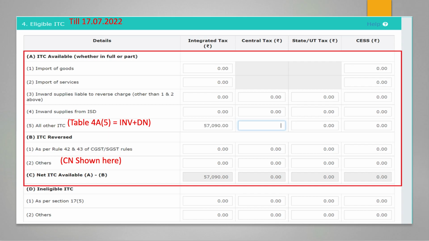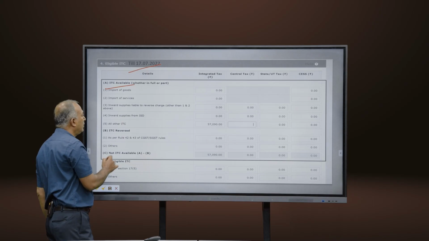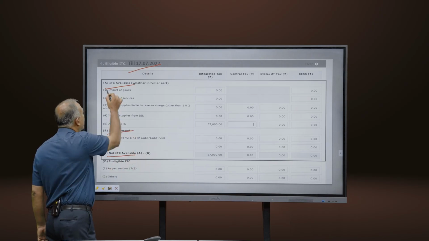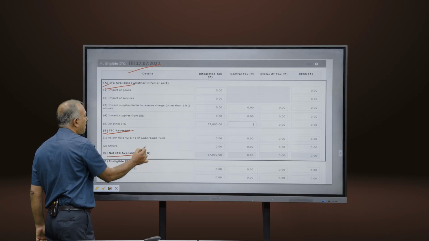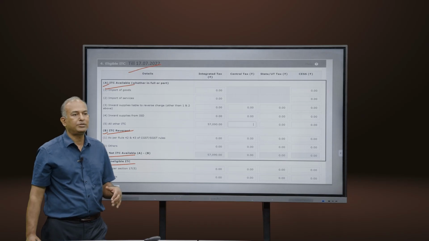It has four different parts. The first part is that there is ITC available. Under that there are 1, 2, 3, 4, 5. Then ITC reversed, and then net ITC available, which is nothing but A minus B. And then you have a category which is ineligible ITC. Let us try to understand what actually comes here.